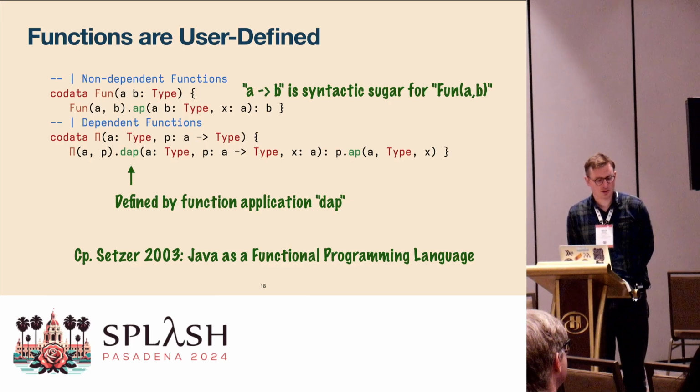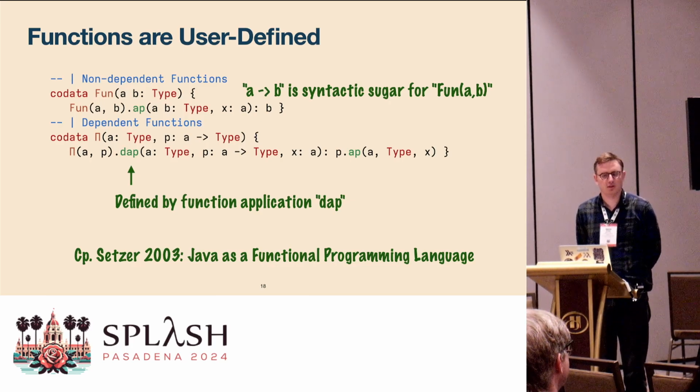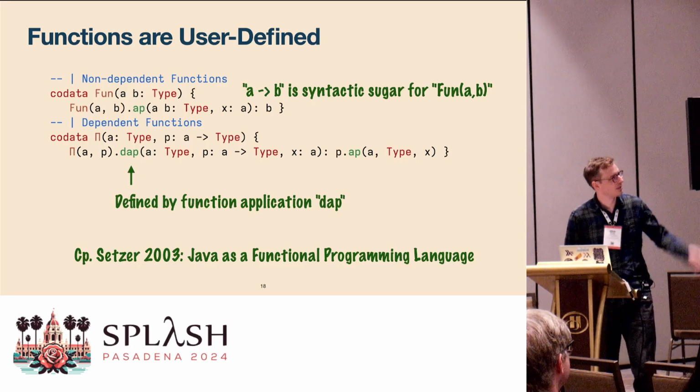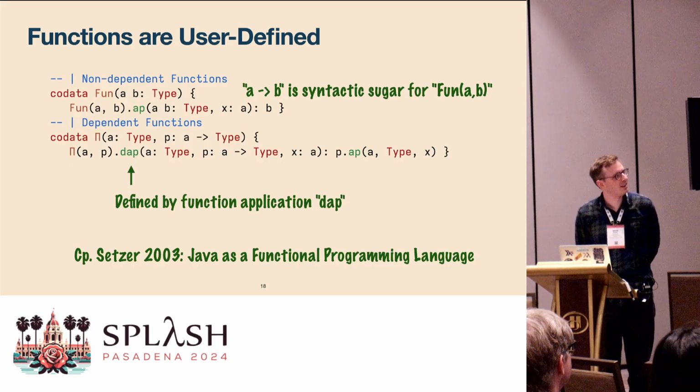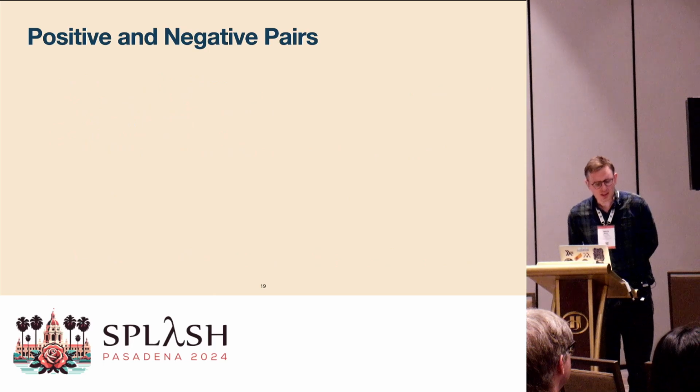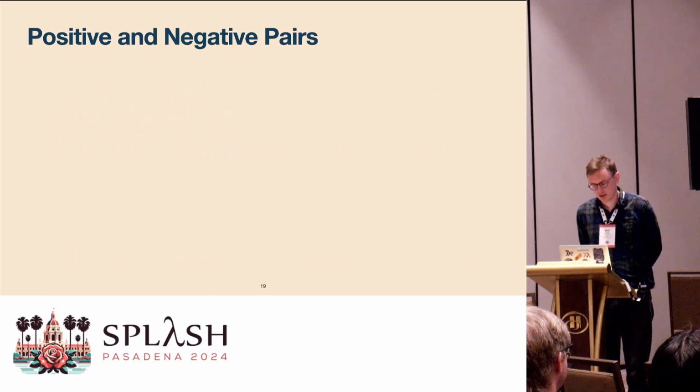And it is not a new idea that functions don't have to be built into the system. It's actually quite old. And I find this article by Anton Setzer about Java as the primordial functional programming language quite inspiring.